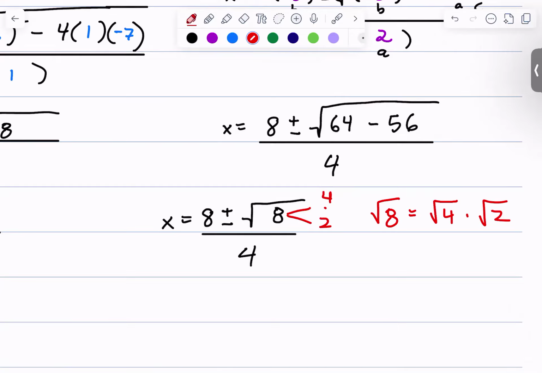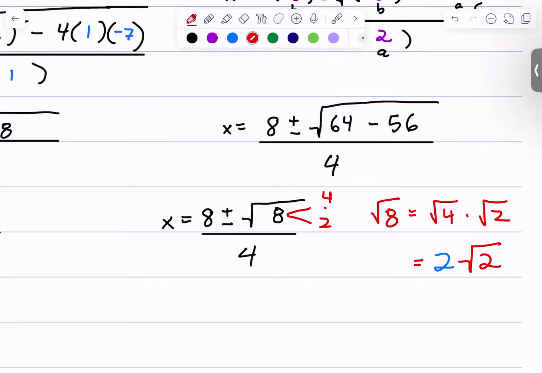Correct? The square root of 4 is, so this square root of 4 becomes a 2, and then we're left with the square root of 2, because I can't do anything with that. Yeah?